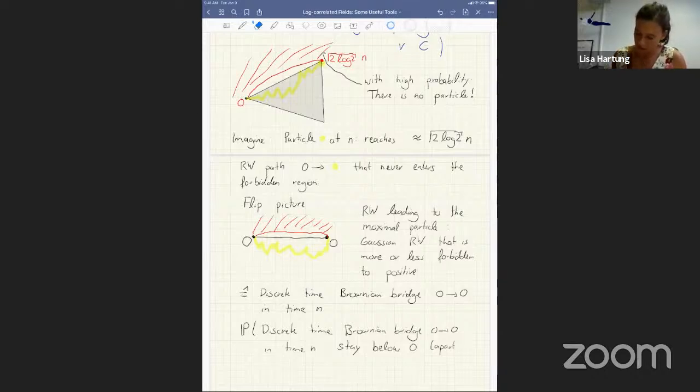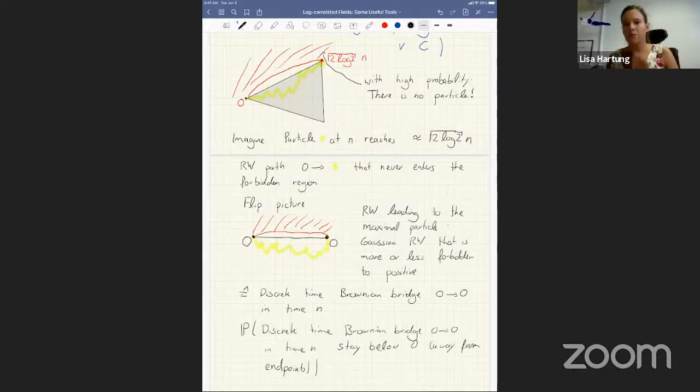So let me just write stay below 0, we just say below 0 away from the endpoints. Maybe, because maybe at the endpoints we want to give things a little bit of space and not worry.